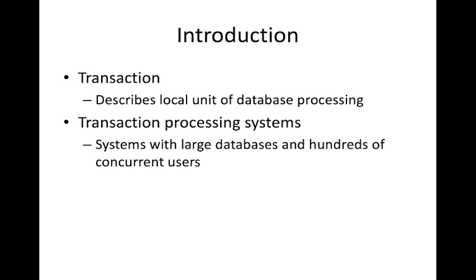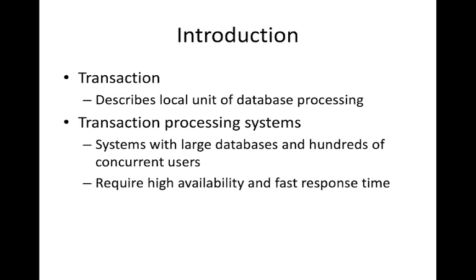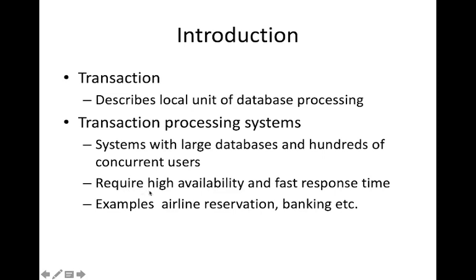For example, airline reservation systems, banking systems, the stock markets, supermarkets. All these are transaction processing systems. The basic need is that they require high availability and fast response time. So we'll see what a transaction is.